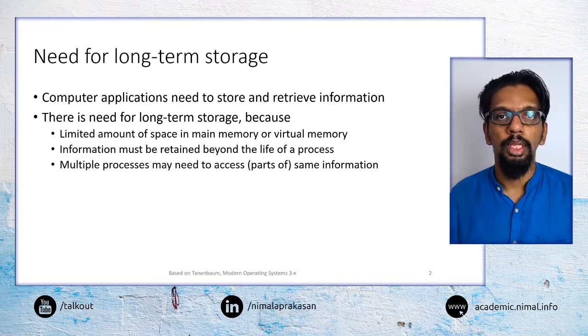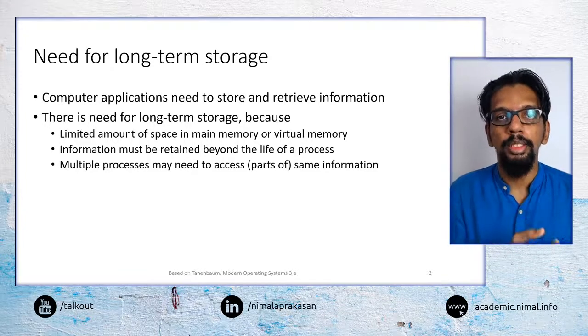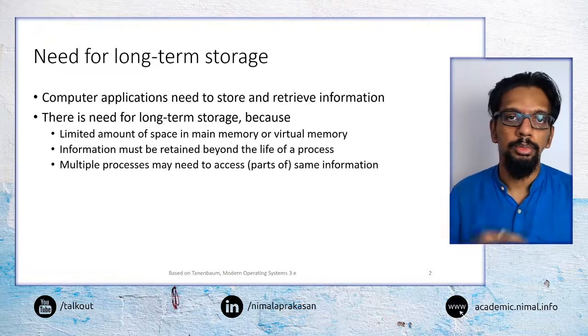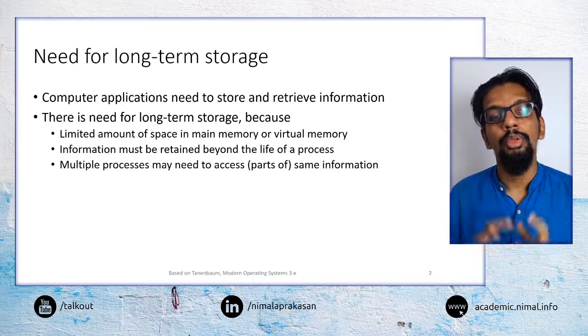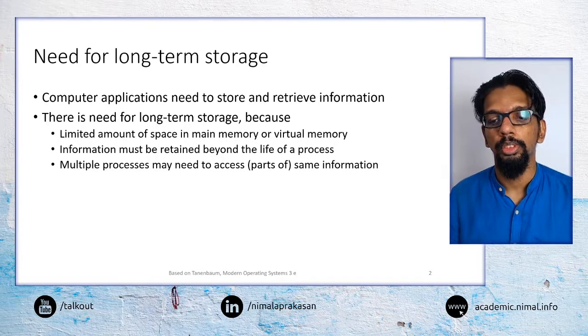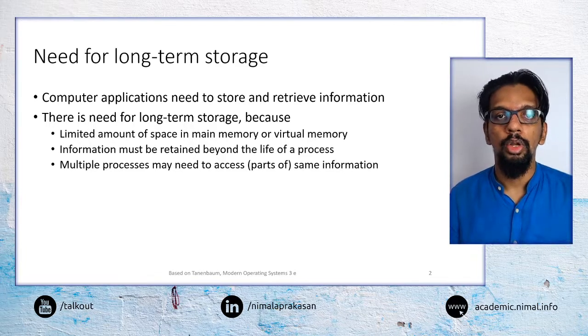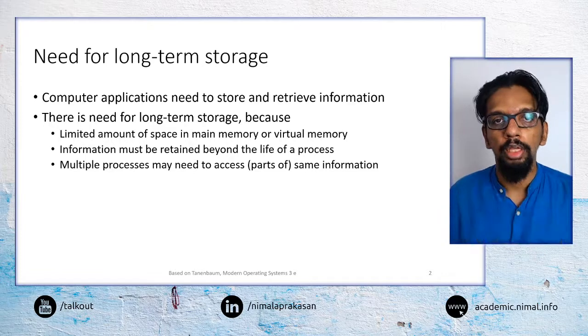For example, if we take a web server, the web page that you may be accessing may also need to be accessed by different users. In such cases, we may want that information to be shared among multiple processes. Again, that is not something feasible with main memory or without having a long-term storage mechanism.